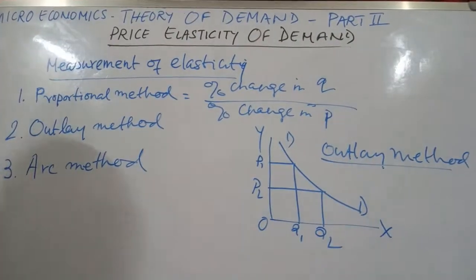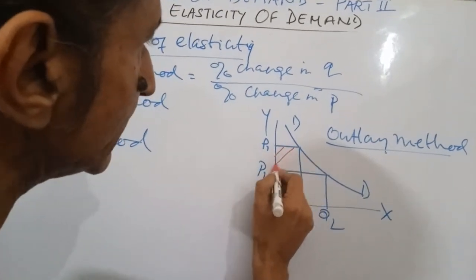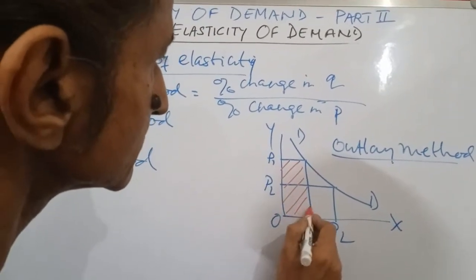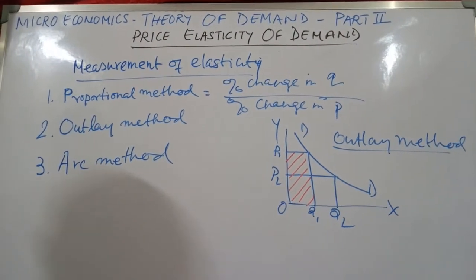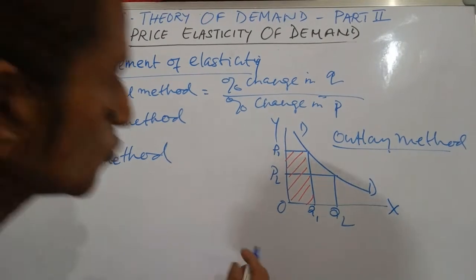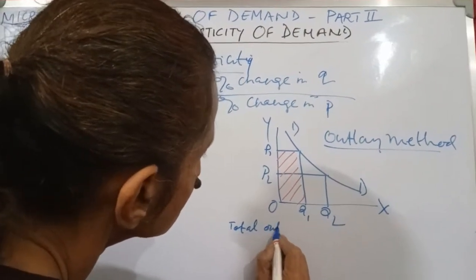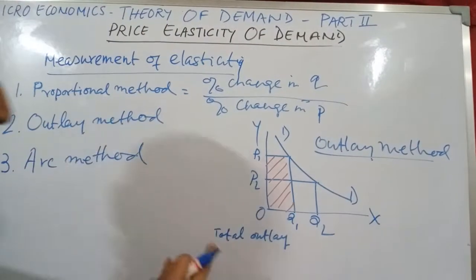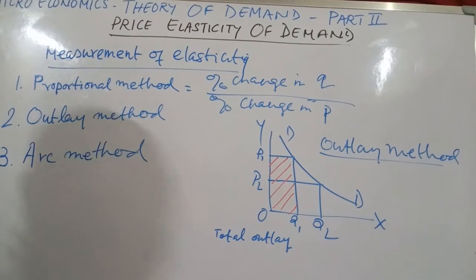So the consumer's total expenditure when price is P1 equals the area of this rectangle. Total expenditure or outlay, the total expenditure of the consumer, that is the total revenue of the seller.